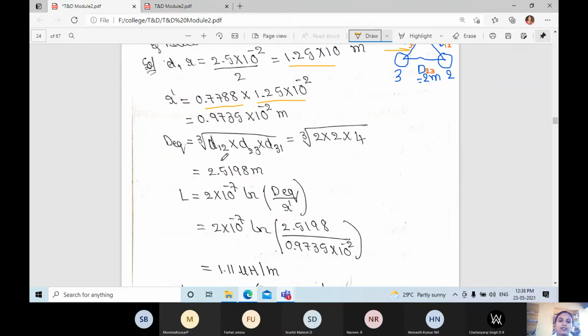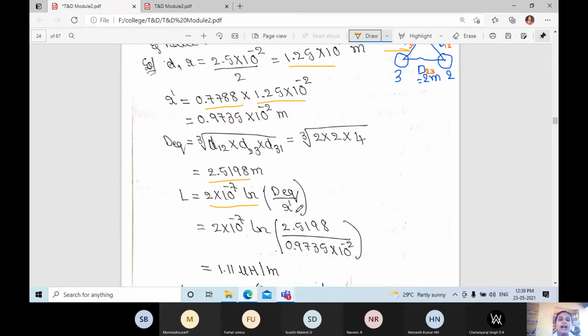What is the D equation? Cube root of D12, D23, D31. So cube root of 2 into 2 into 4, you will get 2.5198 meter. That is the D equation value. Then 2 into 10 to the power of minus 7 ln D equation divided by R dash.